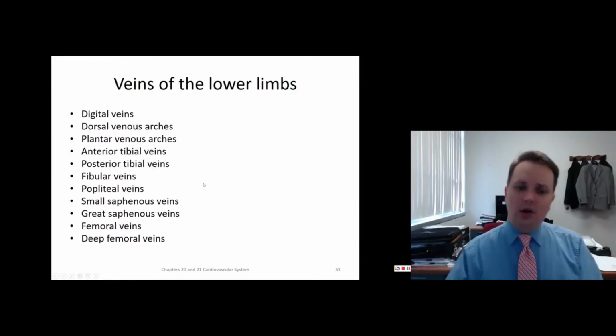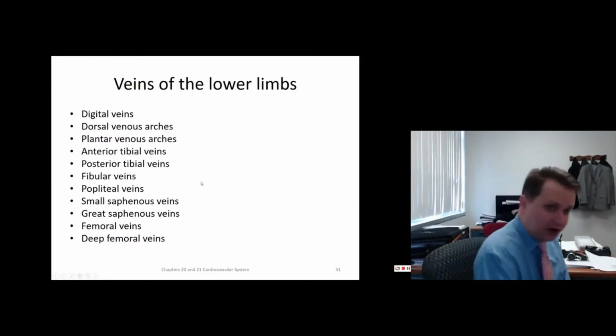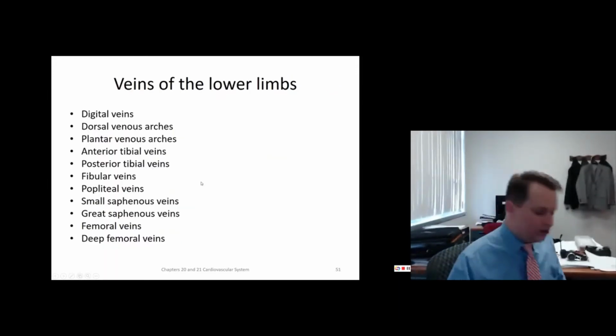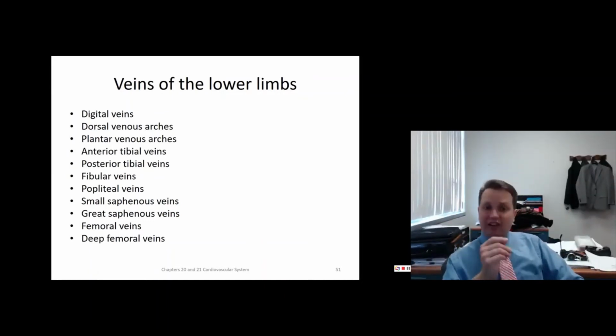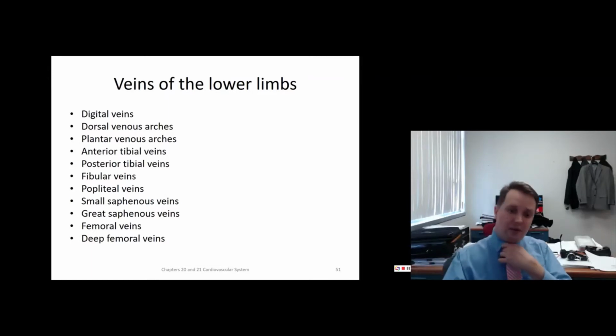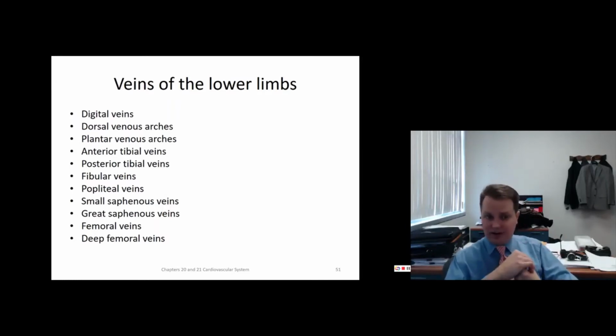Now, the lower limbs is the hardest part. As we work our way from the toes up, this will be the most difficult section for this lab, and I think it's the most difficult section of them all, the veins of the lower limb. The digital veins, we're going to see they come up to produce dorsal venous arches and plantar venous arches. Now, our anterior and posterior tibial veins, we're going to see they're unique.